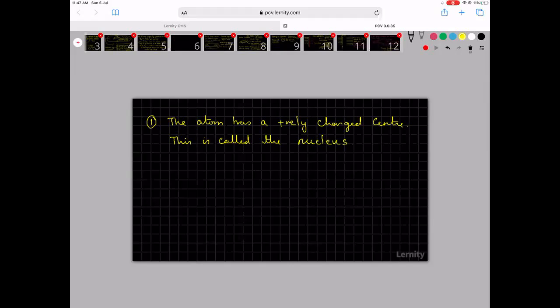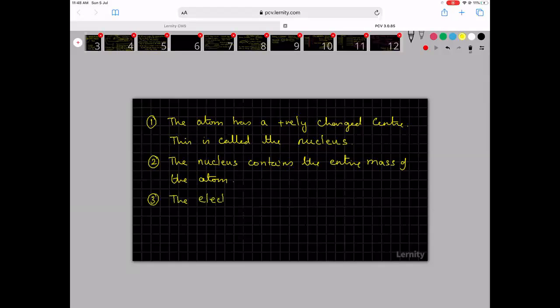The nucleus contains the entire mass of the atom. It's so heavy. That is why the alpha particles went back. The gold foil didn't go. The alpha particles went back. So he said the nucleus contains the entire mass of the atom.